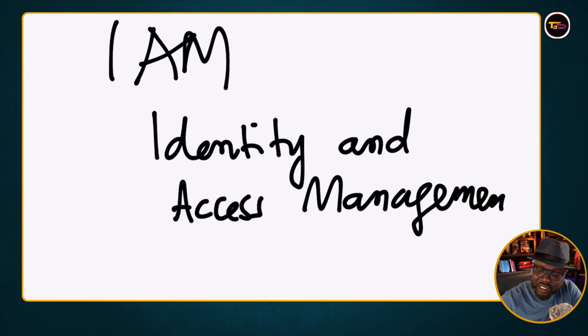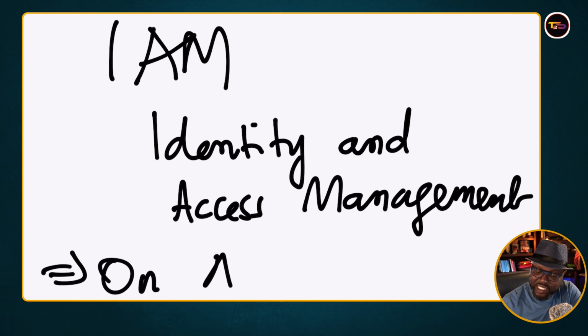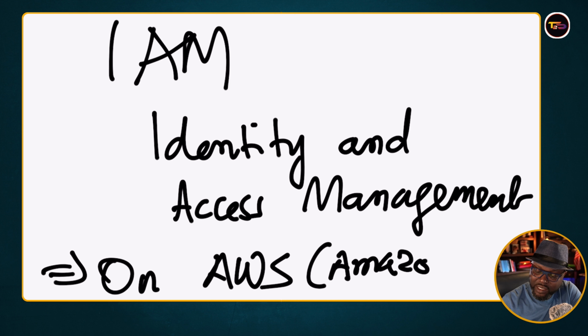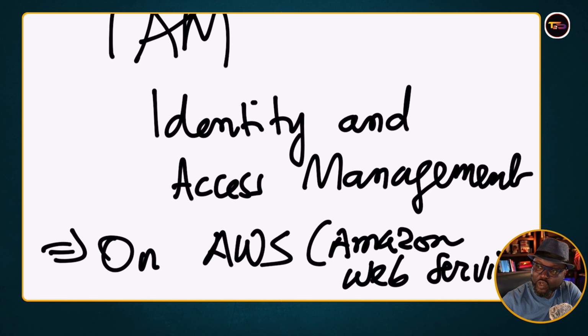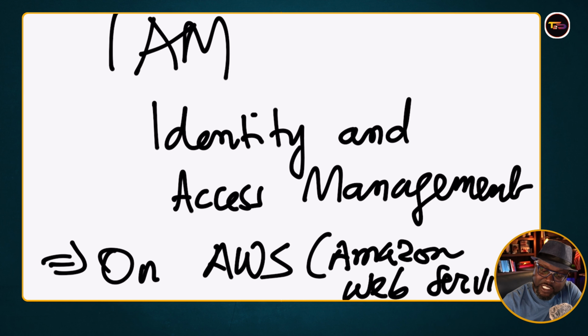It is one of the services that you find on AWS, and AWS is Amazon Web Services, in case you didn't know that. So IAM stands for, you have the I here, that's identity, and then the A is access. M stands for management. So that's what it is.